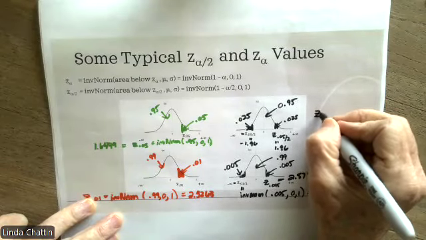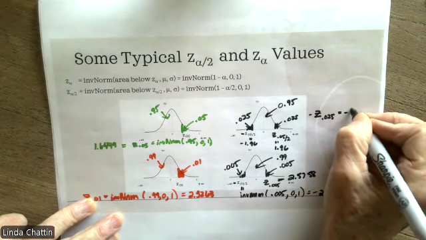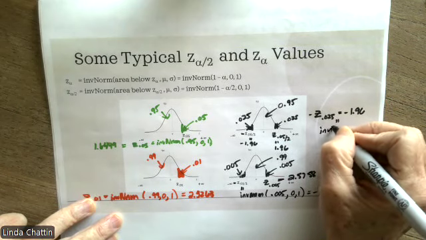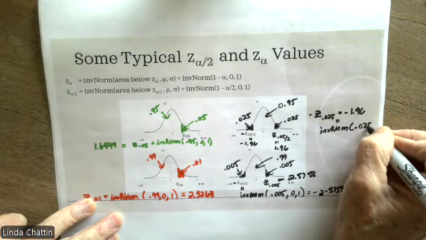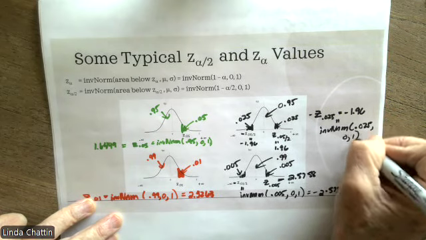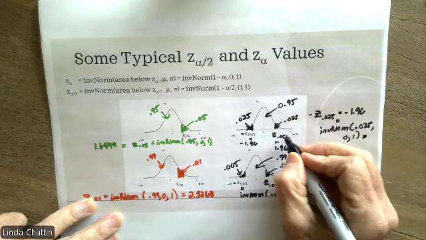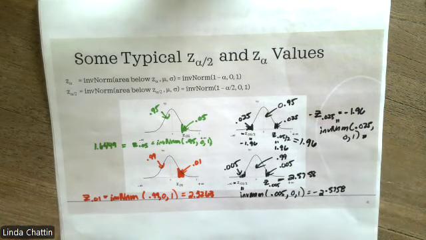And the one up here, I forgot to mention this. We have negative z of 0.05 divided by 2 equals minus 1.96. How do we get that? Inverse norm, 0.025, comma 0, comma 1, and we got 1.96, so z of 0.05 divided by 2 is positive 1.96.